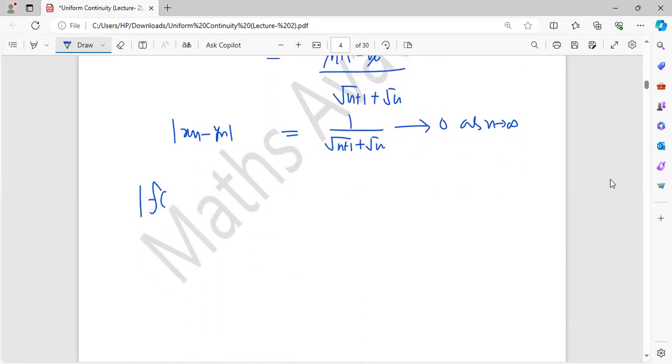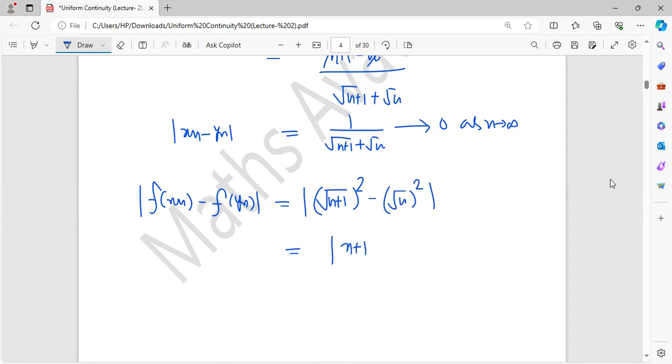So f(xn) minus f(yn), what is this? This is the square of under root n plus 1 minus the square of under root n. So n plus 1 minus n, this is 1. But this can never tend to 0, because this is a constant quantity as n tends to infinity.